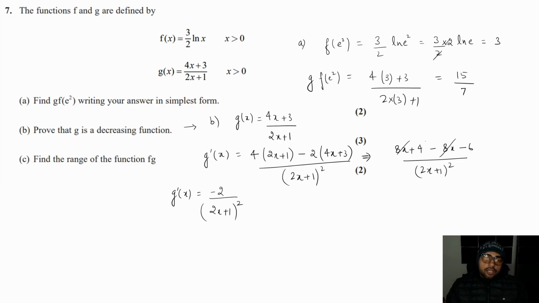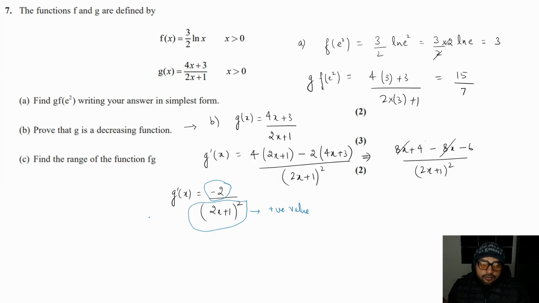Now see here, students, this is the explanatory part. This is a square function, so whatever value we insert here, we'll get a positive value. So the denominator will always be positive. Now the numerator part has a negative sign, so the overall value of g prime x will be negative, because the denominator will always be positive.